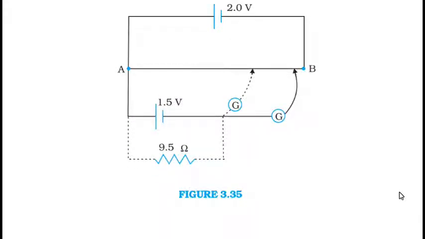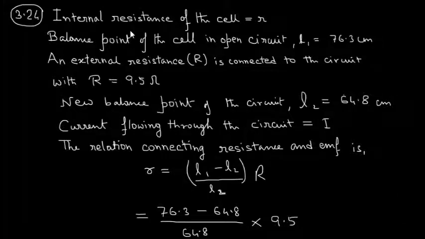Let us see the solution now. Internal resistance of the cell is small r. Balance point of the cell in the open circuit, L1, is equal to 76.3 centimeter. The external resistance R is connected to the circuit, with R equal to 9.5 ohm.